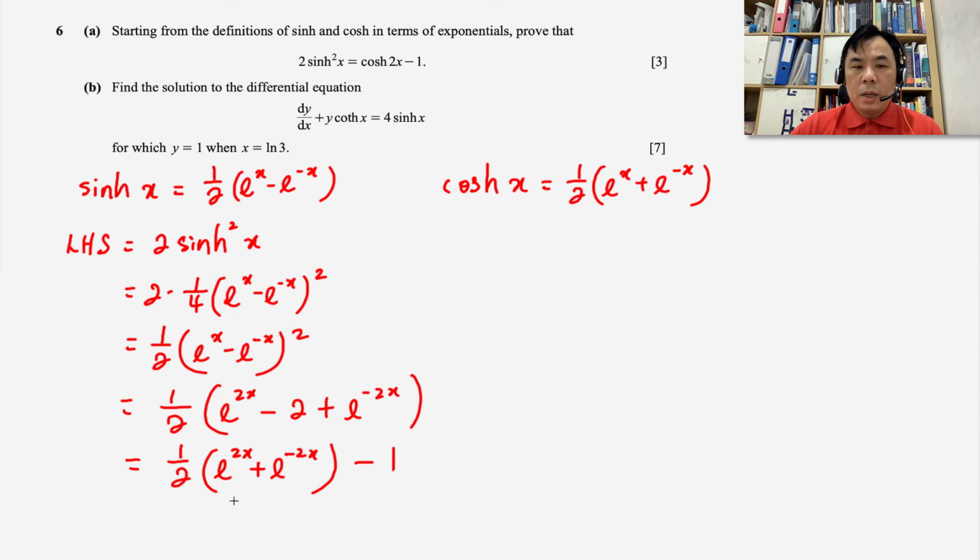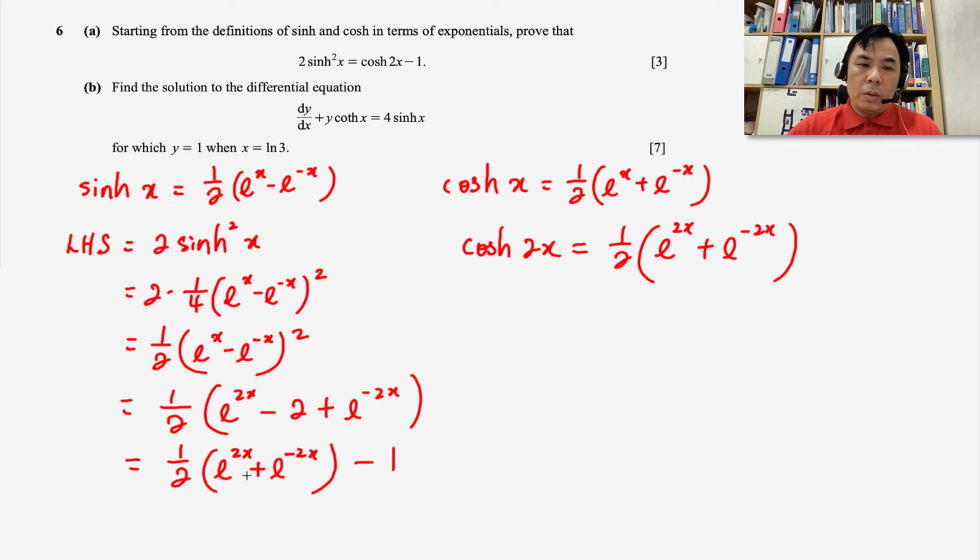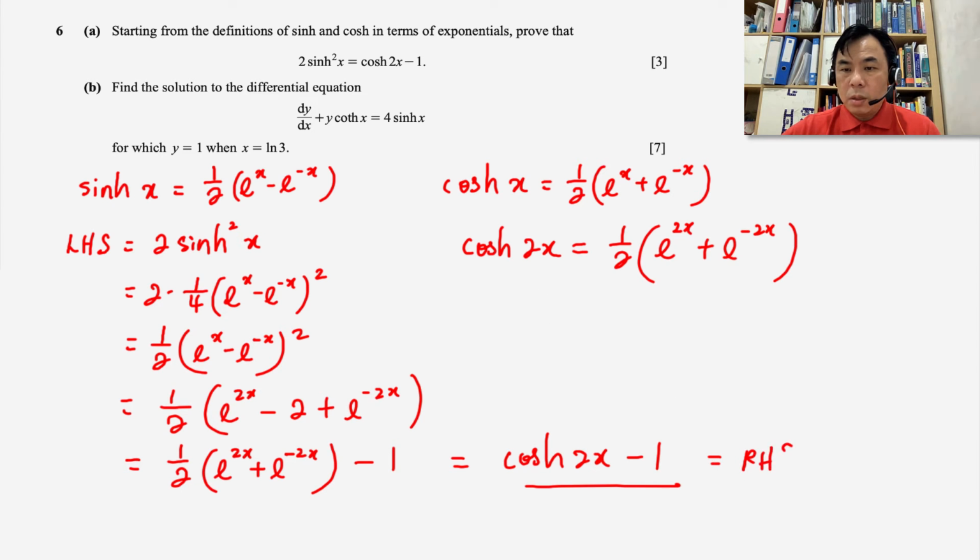And then this actually gives us the definition. If you knew that cosh 2x is basically half e2x plus e negative 2x, then by using that, we can conclude that this is the same as cosine hyperbolic 2x subtract 1. And then there you have it. This is the same as the right hand side expression. Therefore, we have proven this, right?